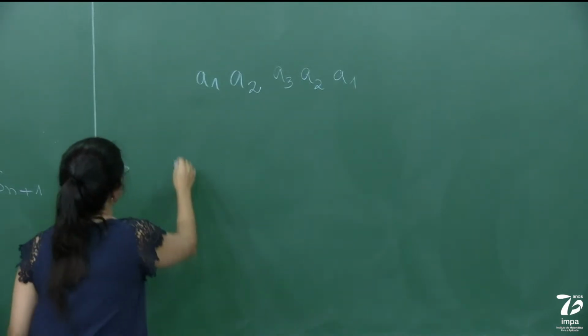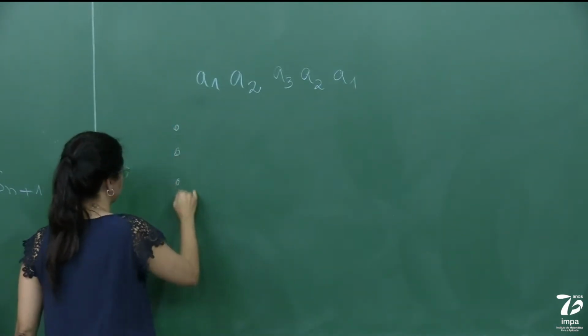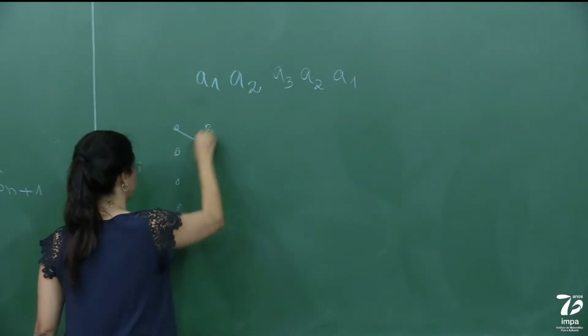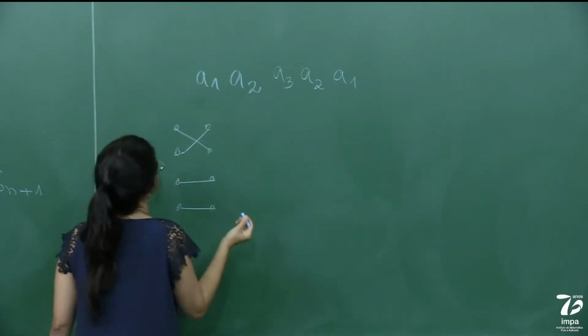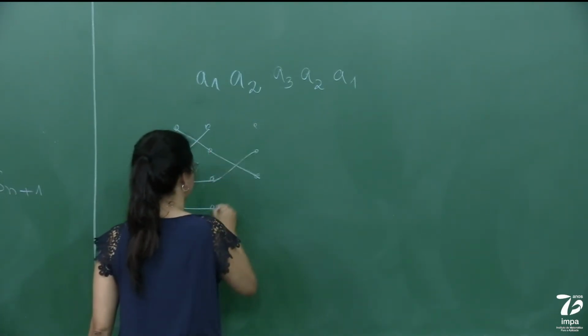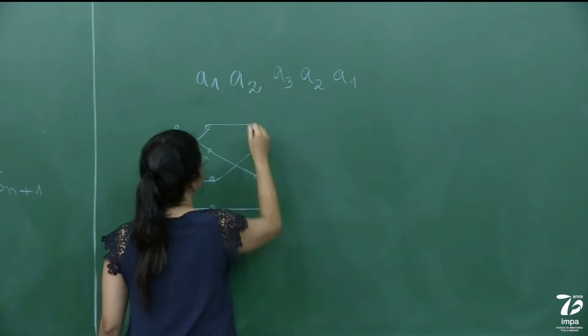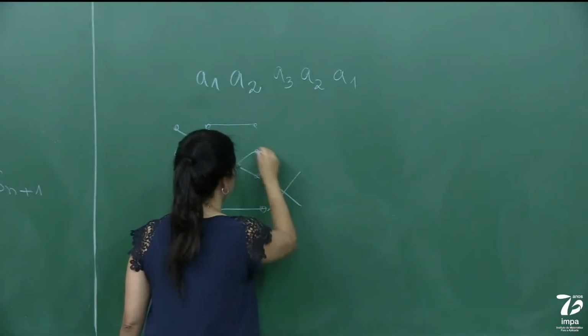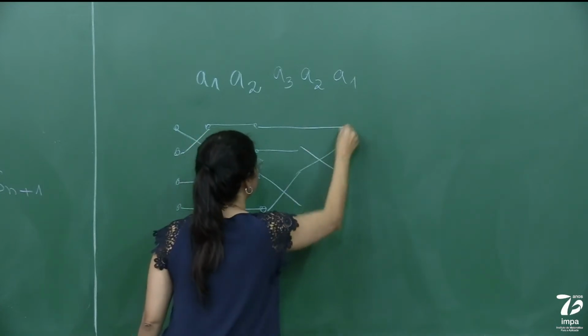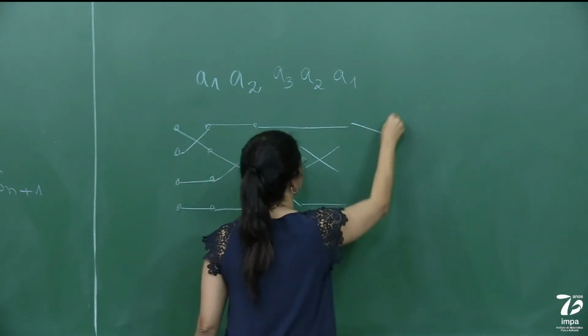Yeah. So I'll try to do it like this: we construct our stratification, and then we do A2, and then A3, and then A2 again, and then A1.